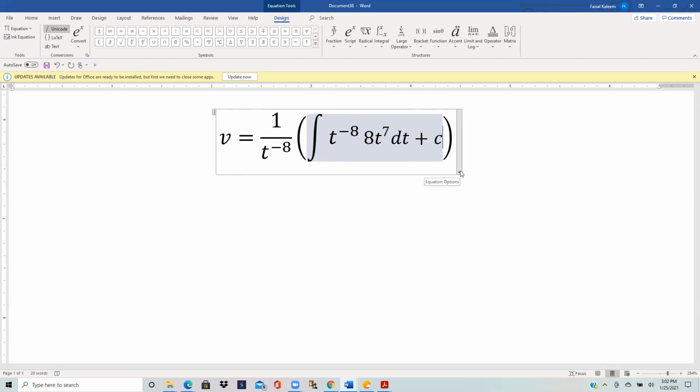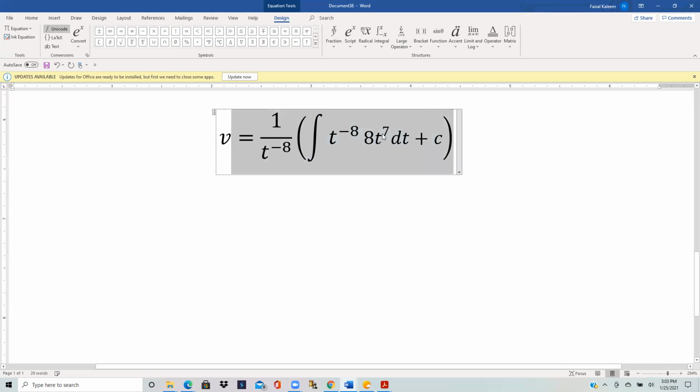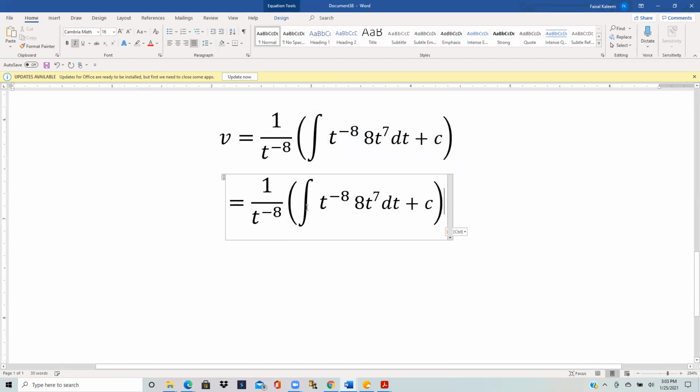Okay, so before integrating, we will simplify this. This will be 8t to the negative 1. So let's copy this. So the 8 can be pulled out.